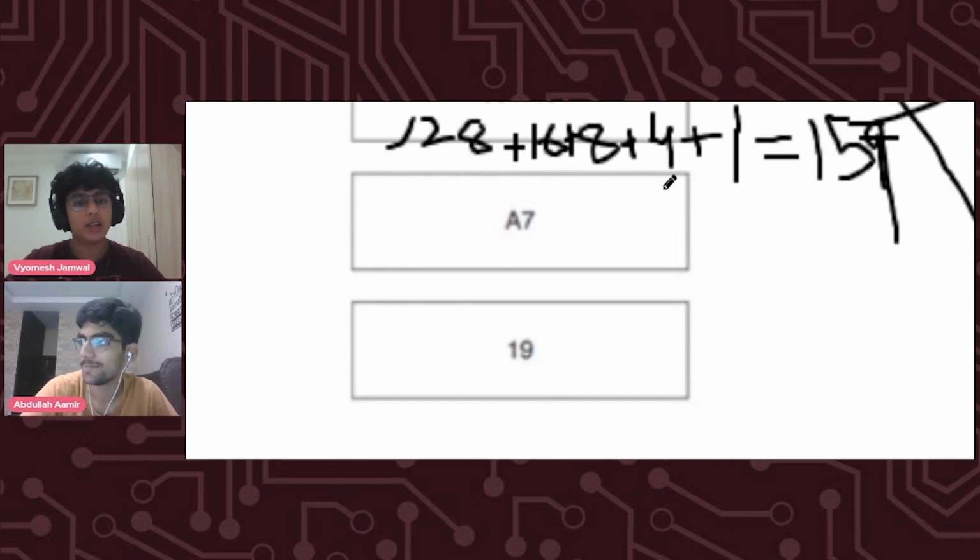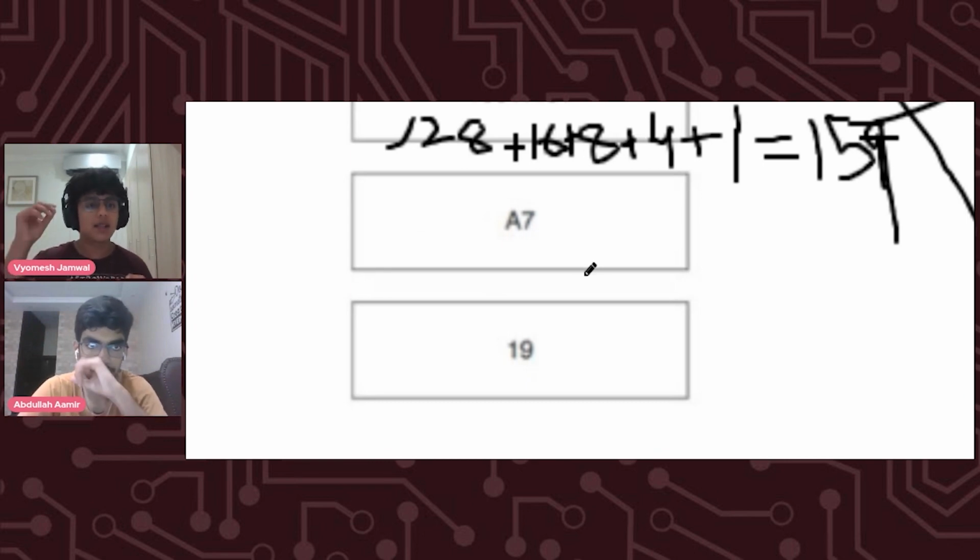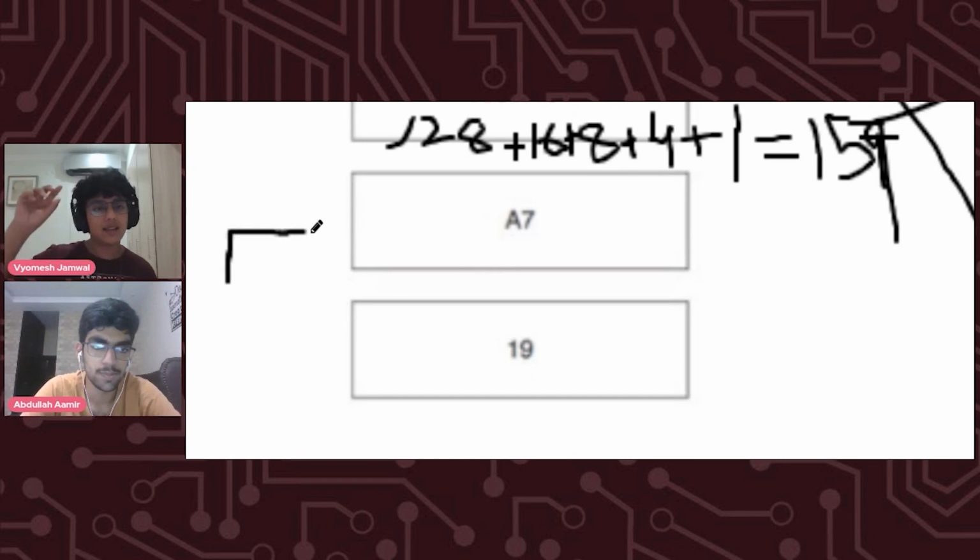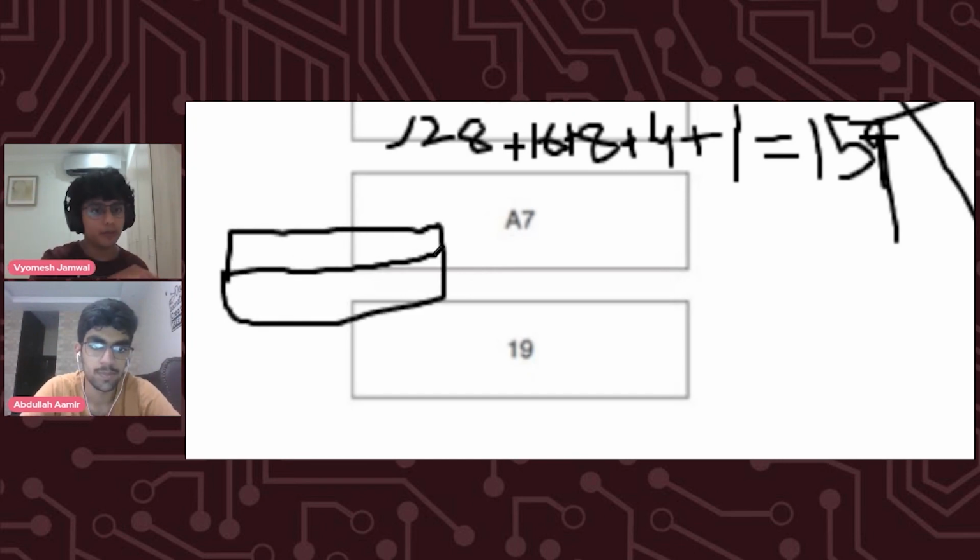So A7, right? You remember how we had with binary, how we had 1, 2, 4, 8, 16, 32, right? Similarly with base 16 values, we have the same table for that, but it's 1, 16, 256, and so on, which is basically the powers of 16, like 16 to the power 0, 16 to the power 1, 16 to the power 2, right?